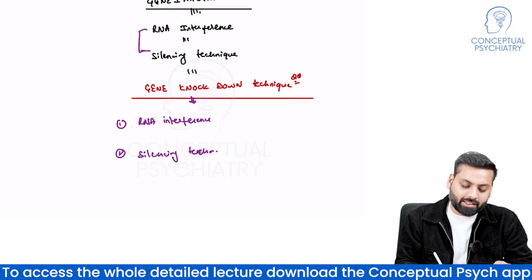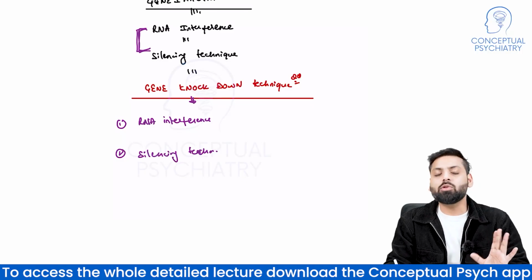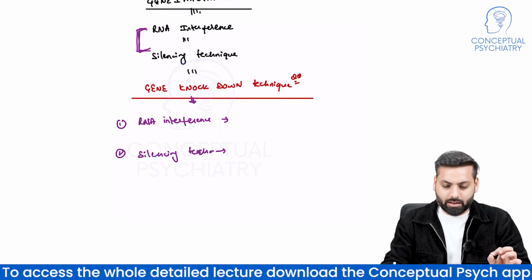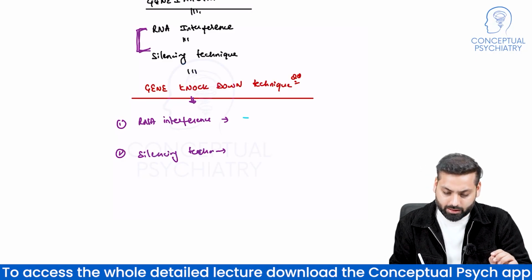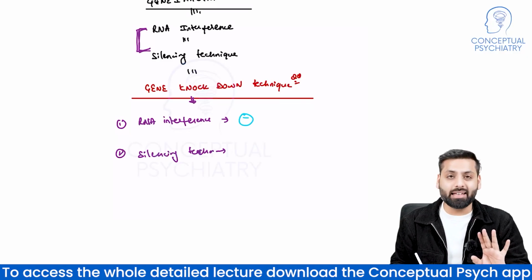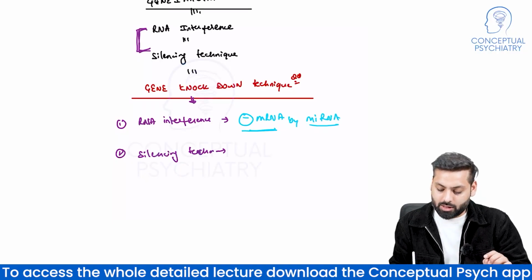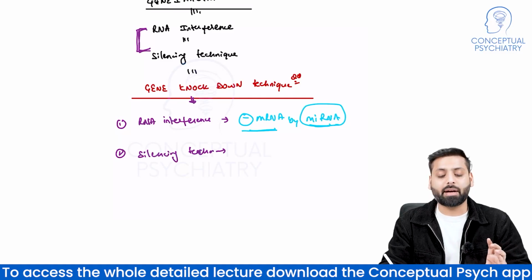See, I've told you that these two terms are similar, and they are used interchangeably, but there is a slight difference in these two also. The main thing that you have to remember, in RNA interference, you inhibit your main RNA, the mRNA, by miRNA.